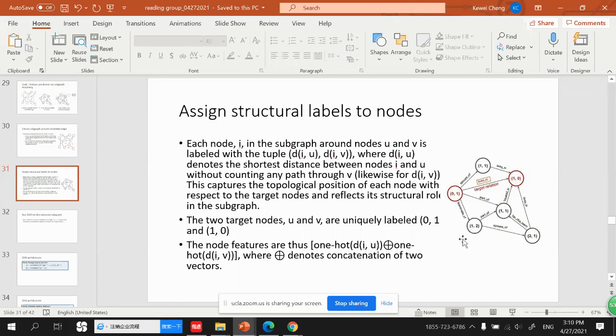Yes. At this stage, we do not include the relation information. When we were designing the DRNL architecture, we were trying to include that information. Later we will discuss how we can incorporate other information into the learning.